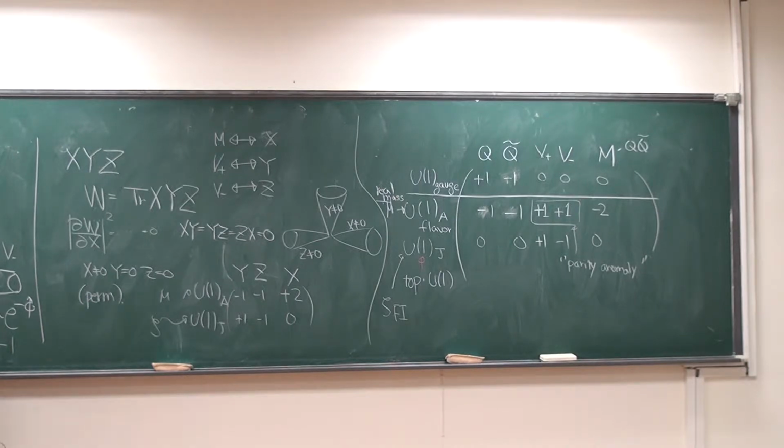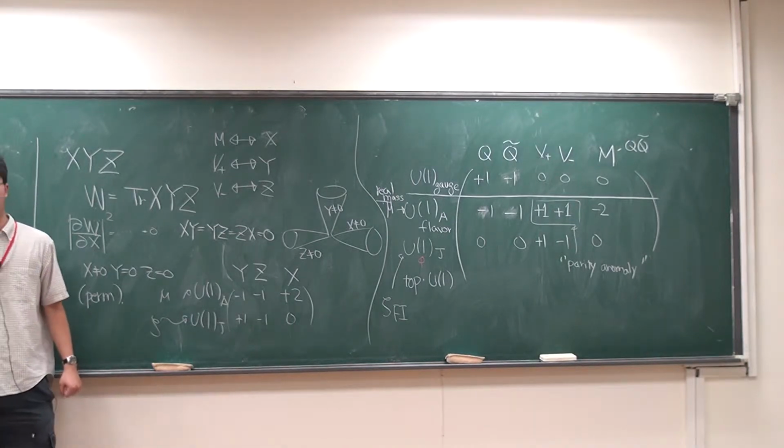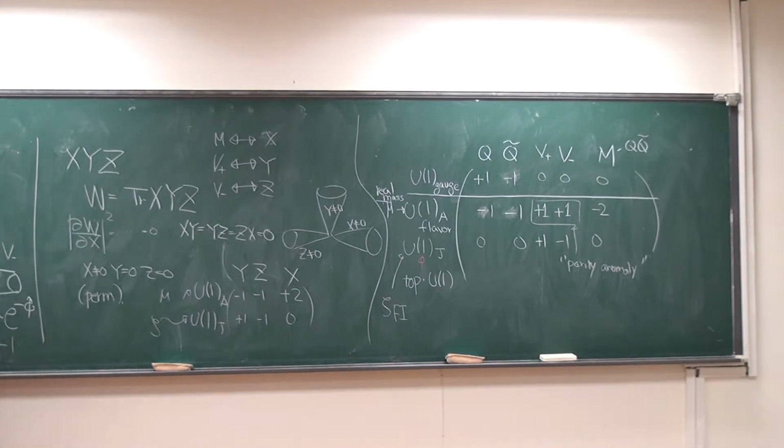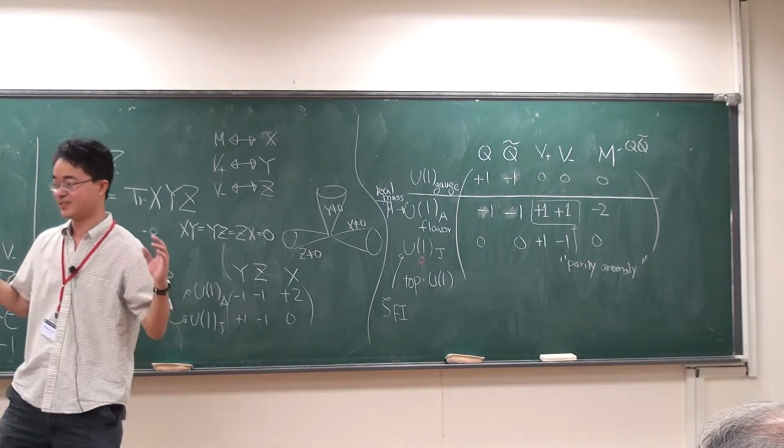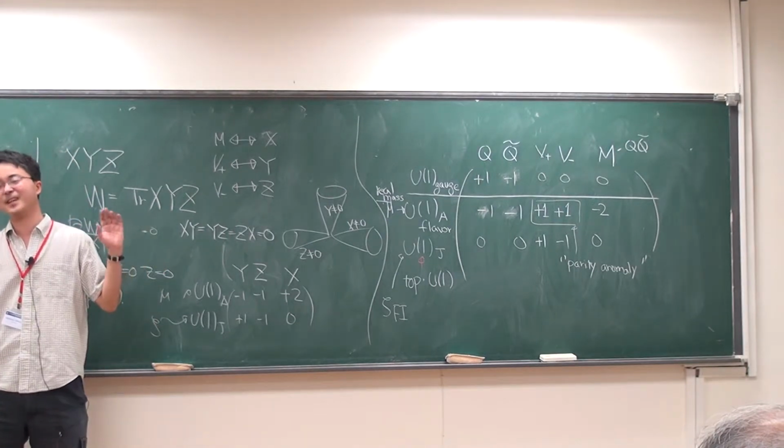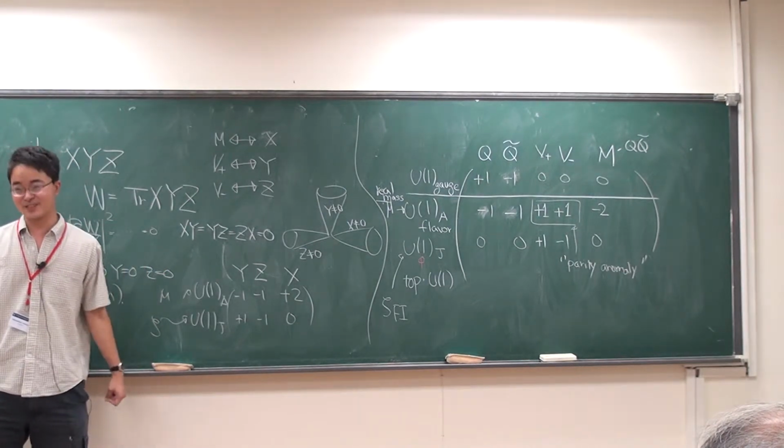That's actually very different from the AGT story. If you are familiar with AGT, sorry if you never heard about it, it's a correspondence between 4D N=2 theories and Riemann surfaces. That leads to some precise mathematical conjectures.